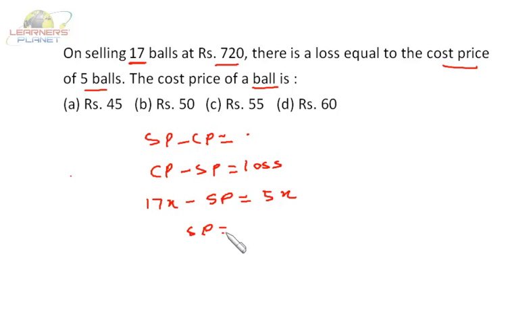That means SP is equal to 12x. That means the total selling price is 12x while selling the 17 balls, and we are given that it is 720. That means 12x is 720, x is 60, which is the cost price of a ball. I hope you are getting my point, and definitely your answer is matching with mine.